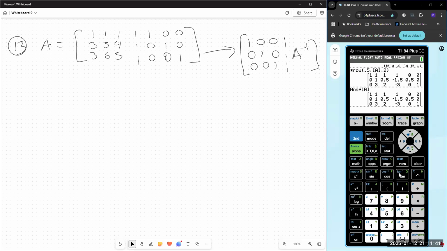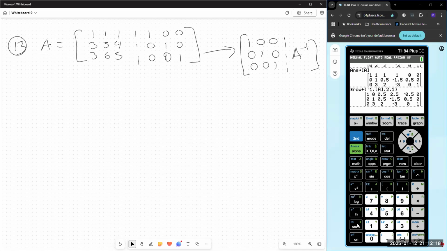Then we're going to take -1 times row 2 to add to row 1. And then we're going to do a -3 times row 2 to add to row 3 to get 0s above and below it. So second matrix math, we want a -1 second matrix A, multiplying row 2 by -1 and adding it to row 1.